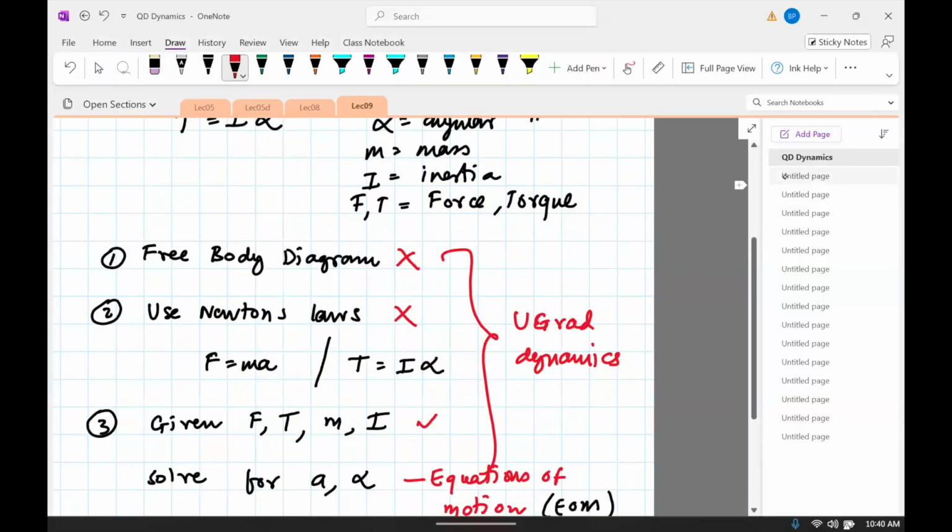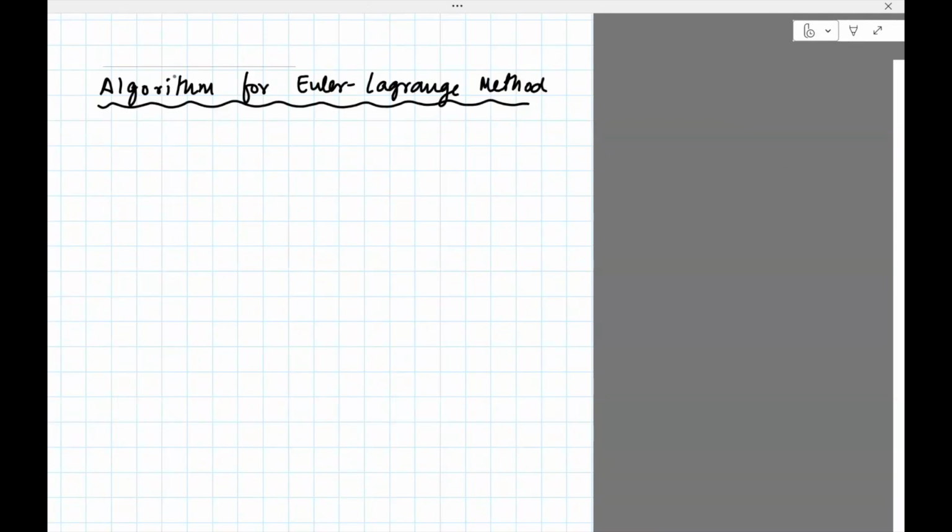So here we go. Here is an algorithm to use Euler-Lagrange equations. Here are the steps.